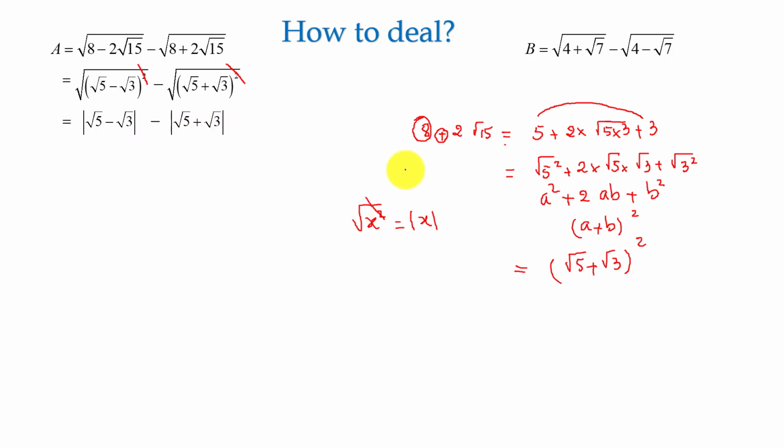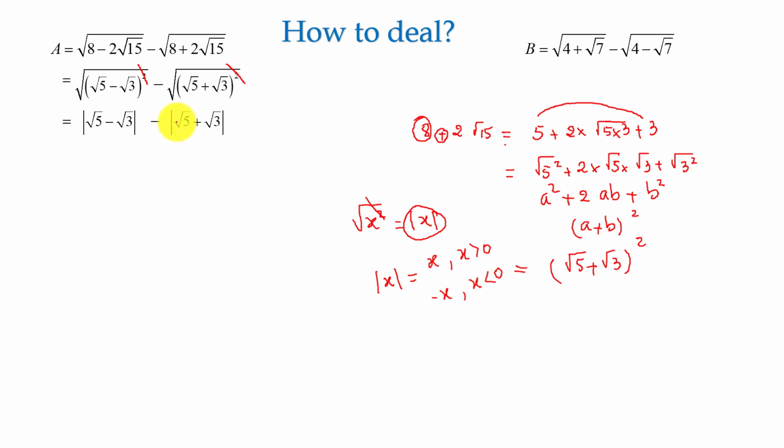We know that the absolute value of x equals x if x is positive, and equals minus x if x is negative.